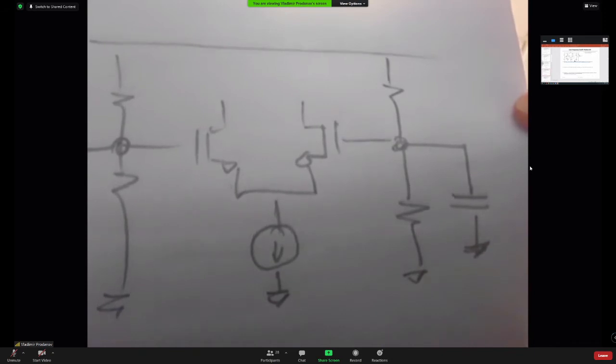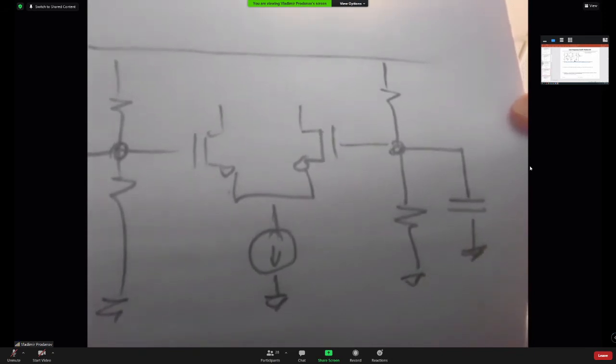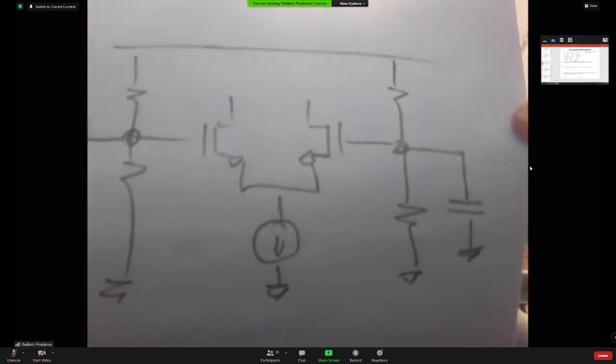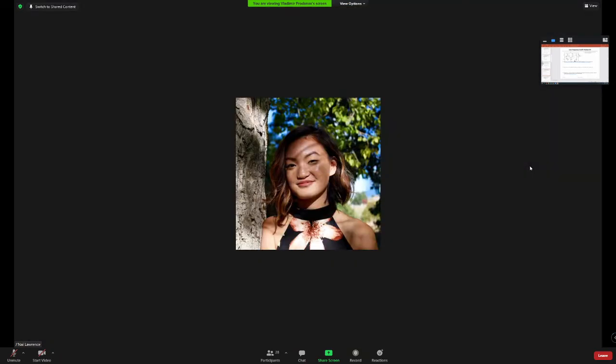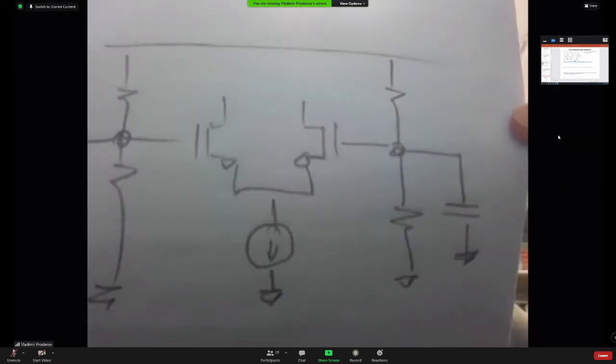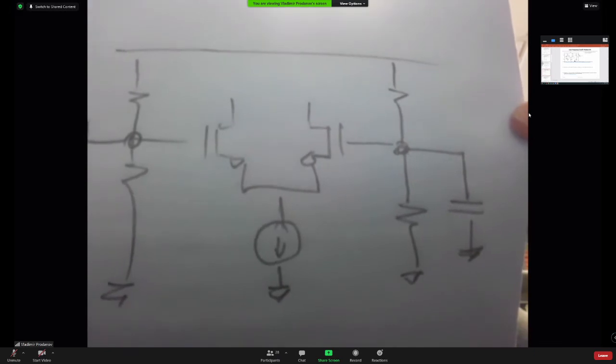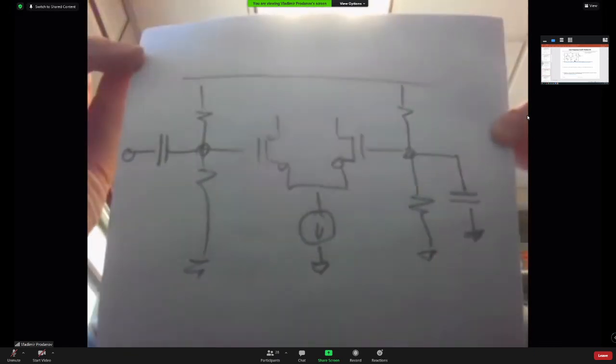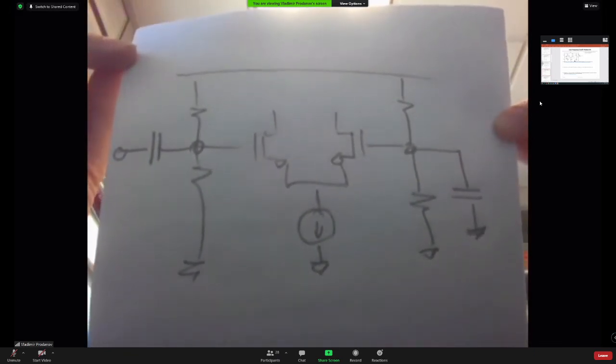Can you see it? Yeah, we can see it. All right, I'll hold it for about 30 seconds for you to enjoy it. Maybe I'll pull a little bit so you could see the entire topology.